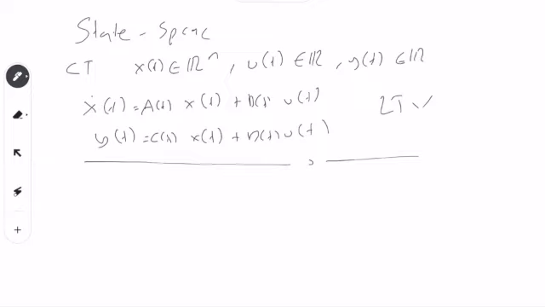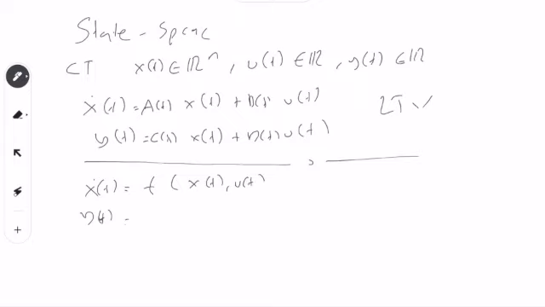In nonlinear systems, we should change the format a little bit, but the idea is simple. x dot of t should be equal to something which depends on x and u, and y of t is still an output equation which will depend on x and u. But since it's a nonlinear system, we can write a general f which depends on x of t, u of t.